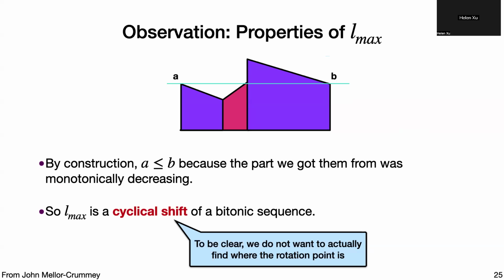So in the ordering of the blue part, A must have come after B. So A must be at most B because it was monotonically decreasing, and so from that you can see that Lmax is a cyclic shift of Bitonic sequence because this part is decreasing, and then this part is decreasing, and this is bigger than that.